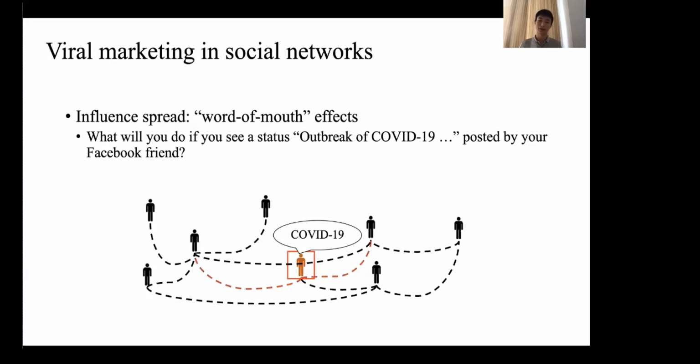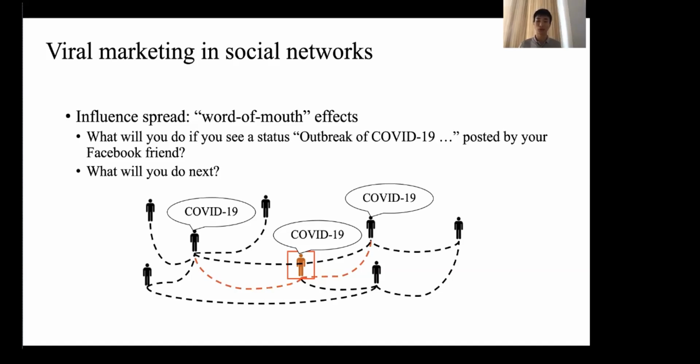Then you will post similar status on your Facebook or Twitter or other platforms to influence your friends, your neighbors, and so on and so forth. Finally, a lot of users on social networks are discussing COVID-19. This is the fact.